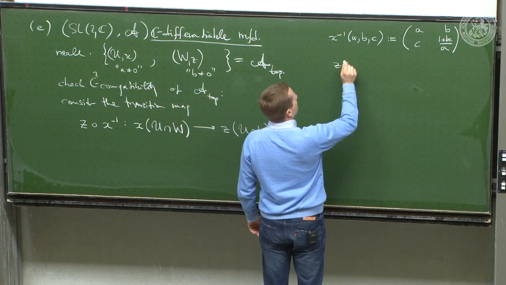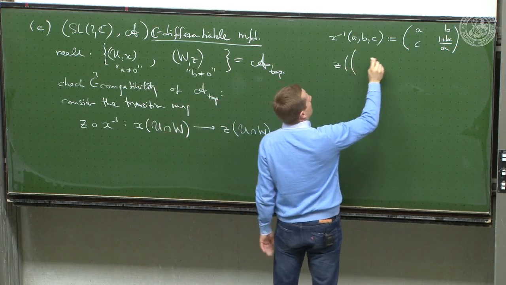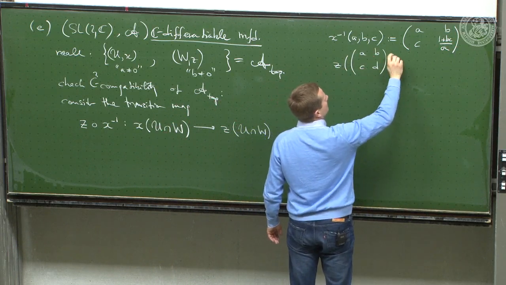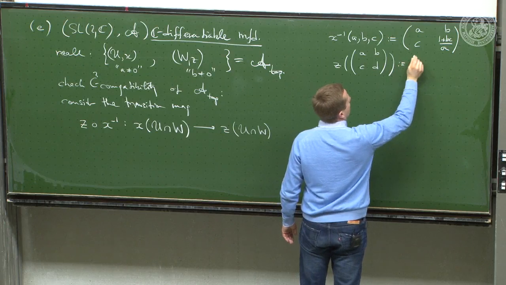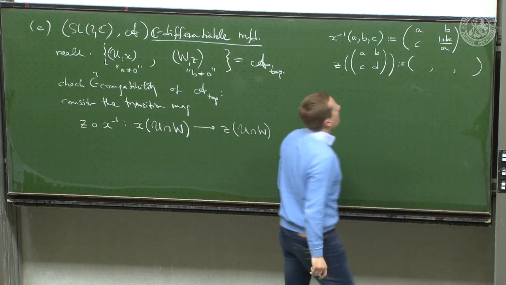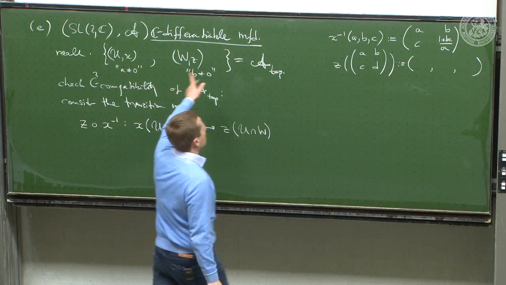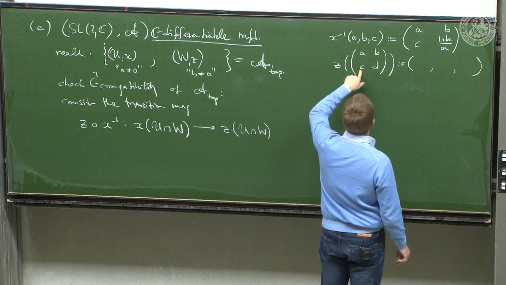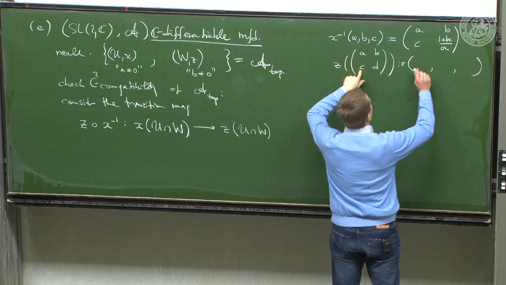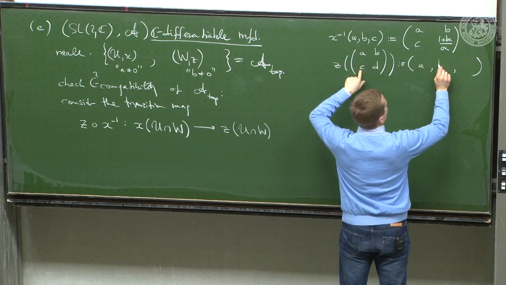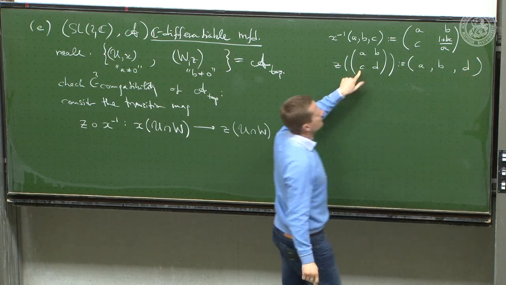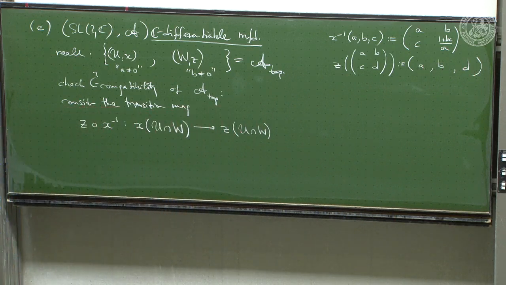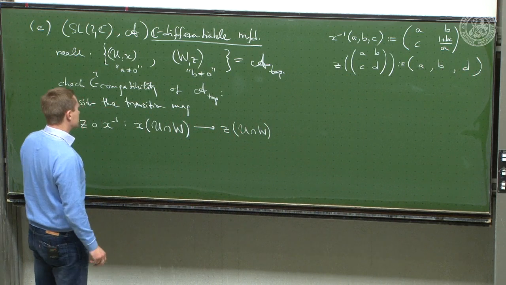And the Z map, the opposite direction, took an element A, B, C, D in SL2C and mapped it to the coordinate triple, where B was non-zero, so that I could reconstruct the C. So it went to A, B, D. Is that what we wrote down? Yeah, okay, thank you.